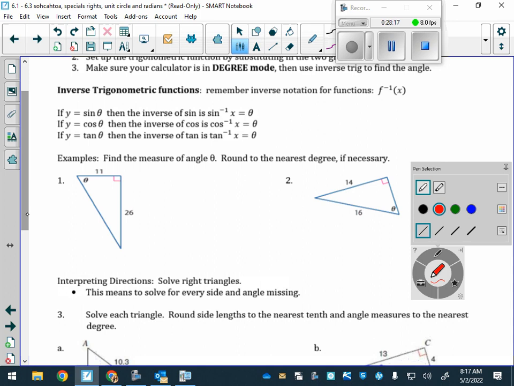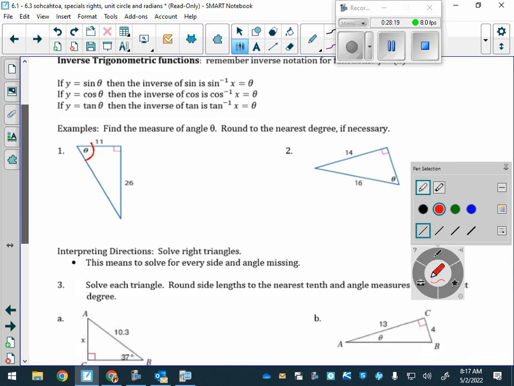Okay? So we need to find theta. What trig ratio would we need here? Tangent. So we're going to use the inverse tangent of what? What is our ratio? So if this is theta, what would be my ratio for tangent? 26 over 11.